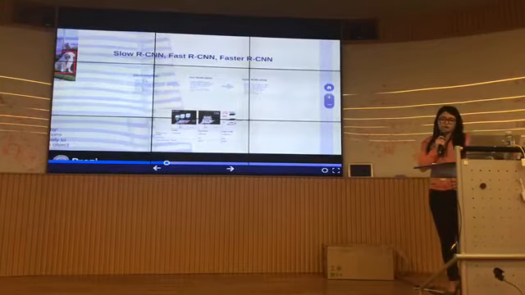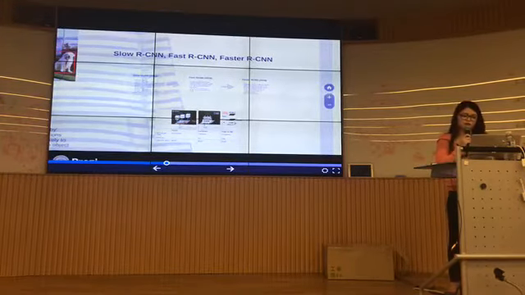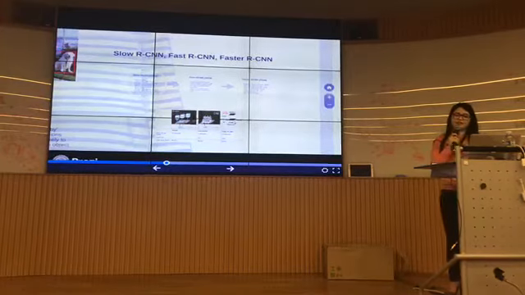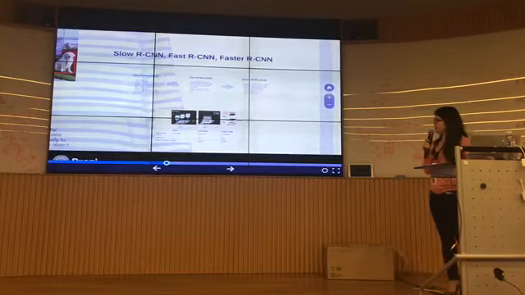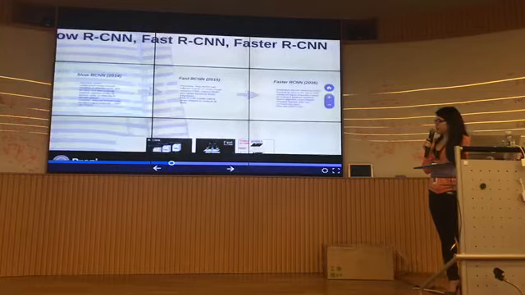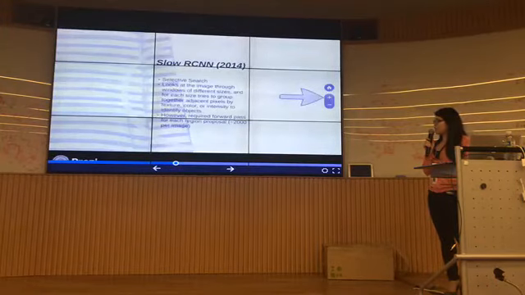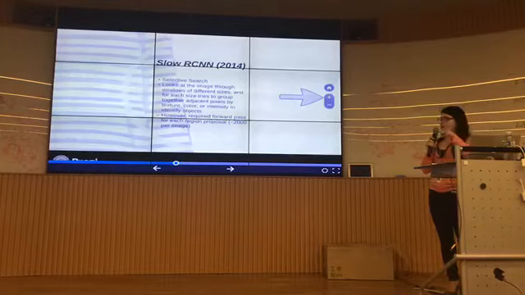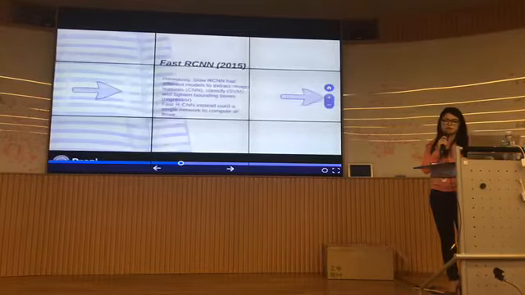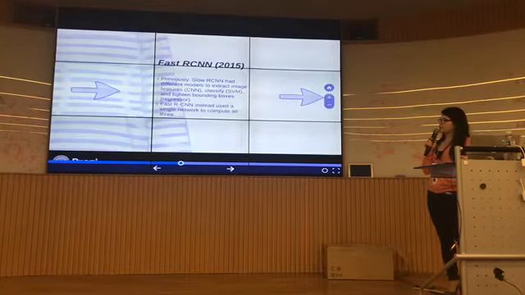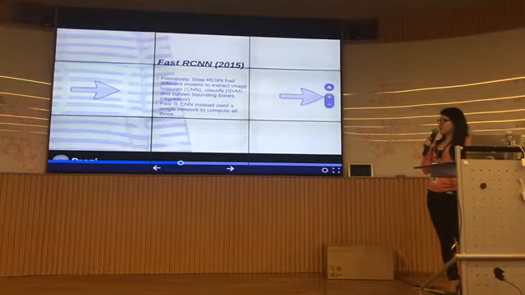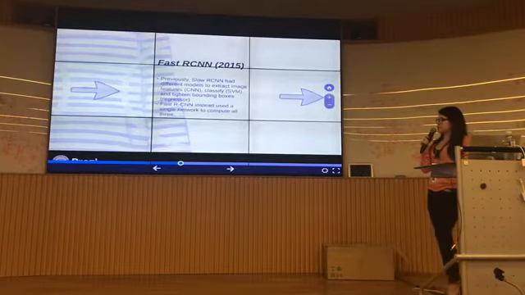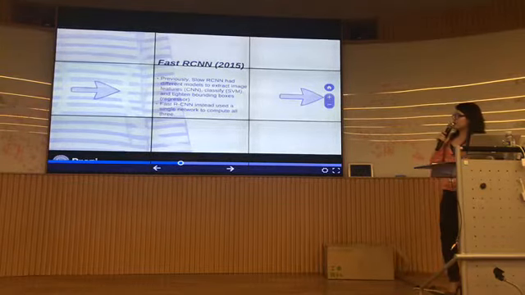So there's something called slow RCNN, fast RCNN, and faster RCNN. This is kind of the research that's been going on. Slow RCNN came out in 2014 with selective search, and it required a forward pass for each region proposal, meaning 2,000 times per image. So the next people said, hey, we can actually just do it once. Use a fast RCNN to use a single network to compute.